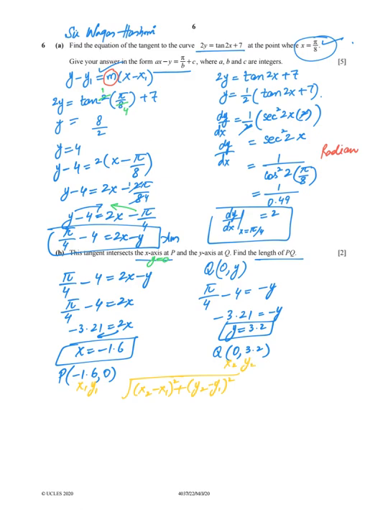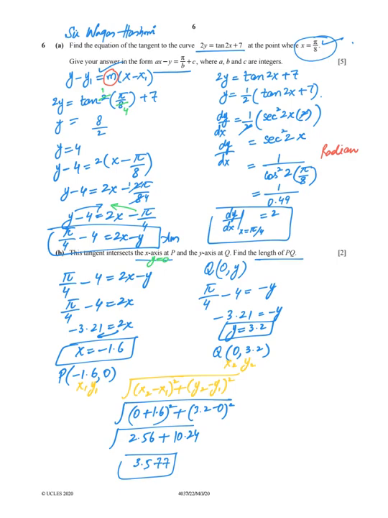So now it will be x2 minus x1, so it's 0 minus minus 1.6, that is plus 1.6, whole square, plus y2, 3.2 minus 0, whole square. Alright, so 1.6 square is 2.56 plus 3.2 square is 10.24. So when you add these two and find the root, that equals 3.577. That is the length between the 2 points, and that is your answer.